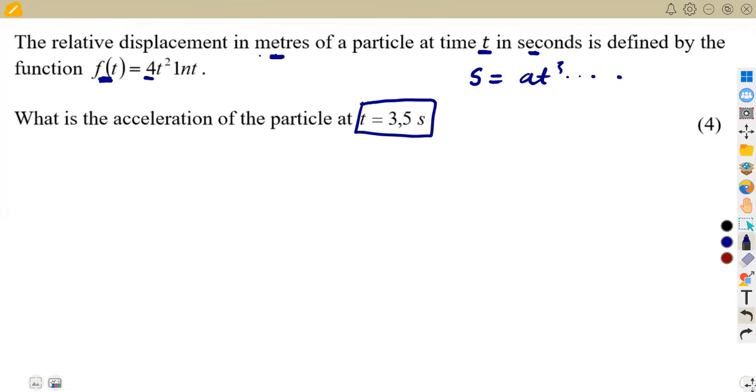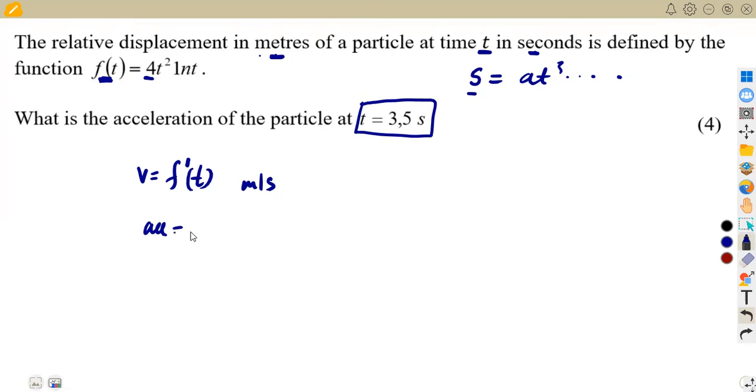Acceleration, remember what I said, guys. If you are given displacement, you can find velocity, which is the first derivative of S, ds/dt. So if you're given a function f of t, your velocity is the first derivative with respect to t, in meters per second.